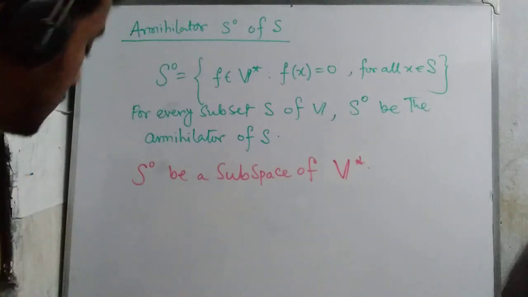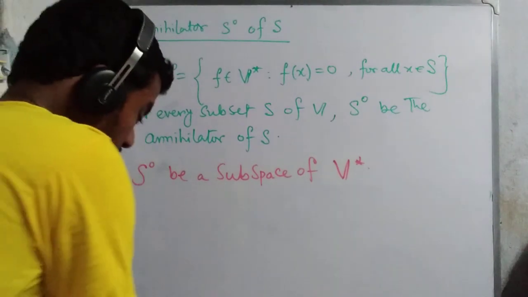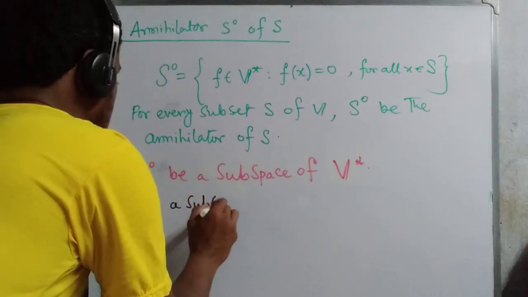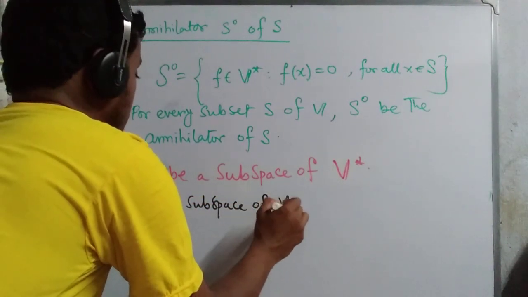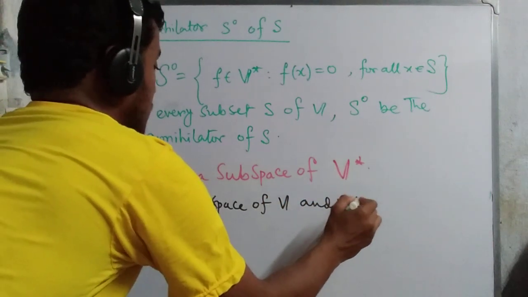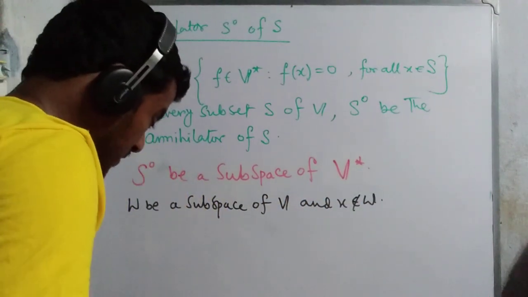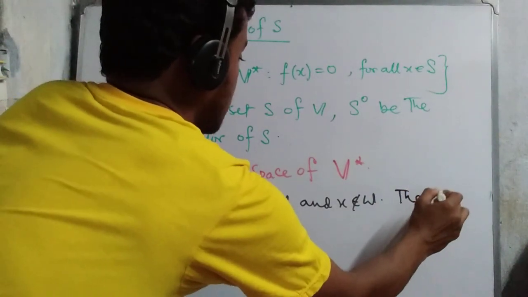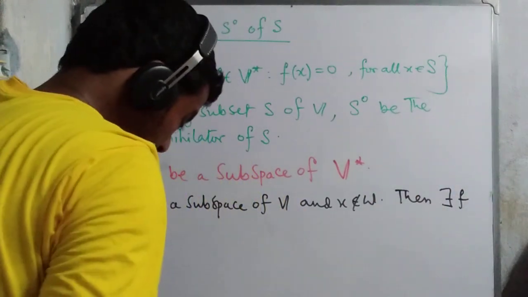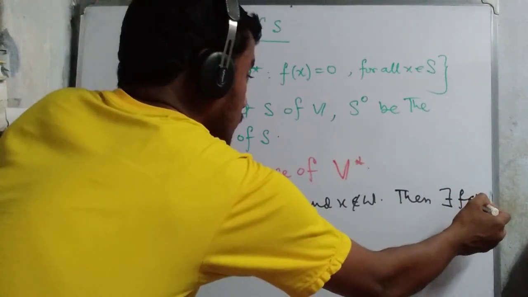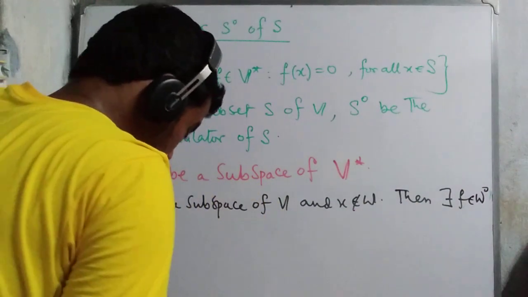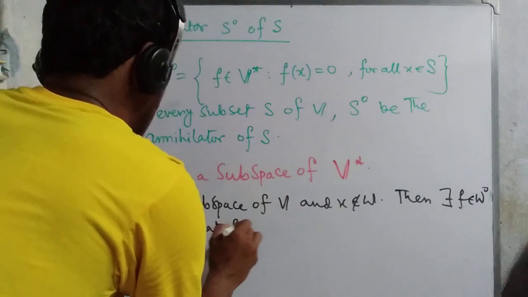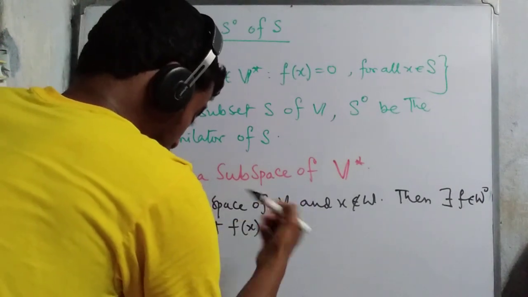Understood? That means here W is a subspace of V, and x does not belong to W, then there exists f belonging to W naught such that f(x) not equal to 0.